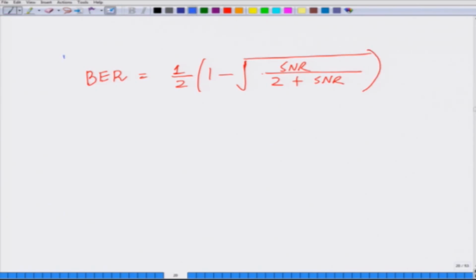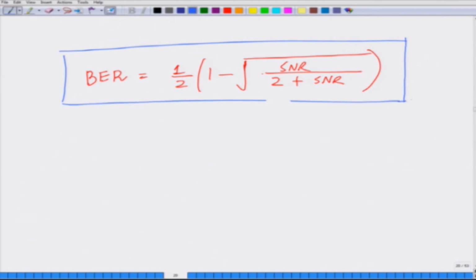This is the expression for the average bit error rate. Mind you, this is the average bit error rate for BPSK transmission in Rayleigh fading.